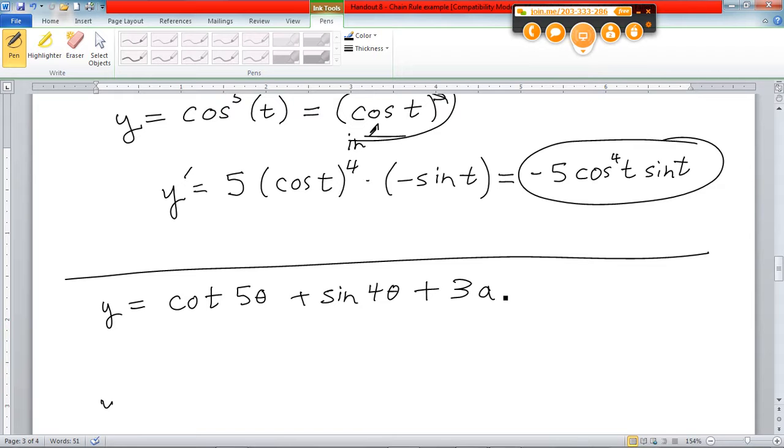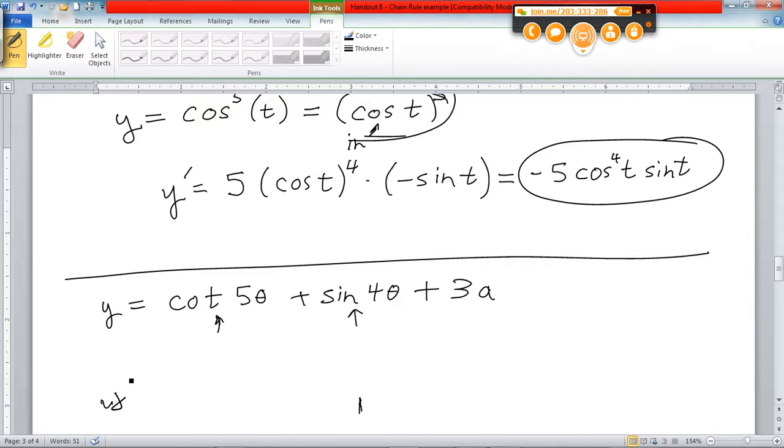You see here, this one's going to be a couple of chain rules. I'm going to have to use a chain rule here, aren't I? Cotangent of 5 theta, doesn't that have a cotangent and then I have a 5 theta? That's a chain rule. And then I'll have to use a chain rule here. Sine of 4 theta, same deal. I've got the sine and then I've got the 4 theta. And we'll talk about the 3a in just a second.